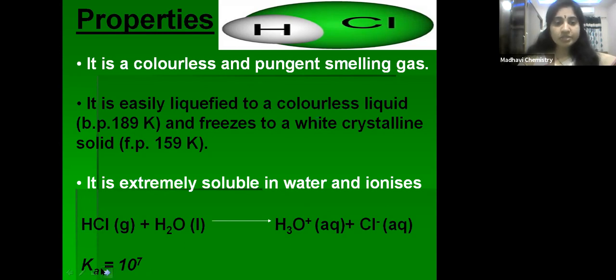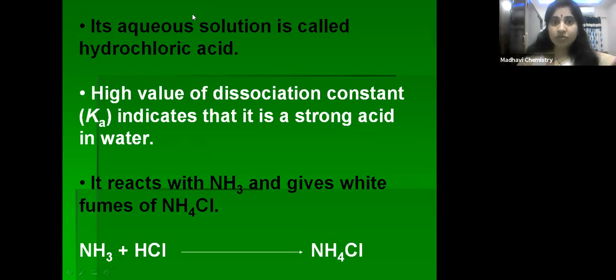What is the dissociation constant? Ka is equal to 10 to the power of 7. Very high dissociation constant. That's why HCl easily dissociates in the presence of water and gives H3O plus and Cl minus. In aqueous solution it is called hydrochloric acid.